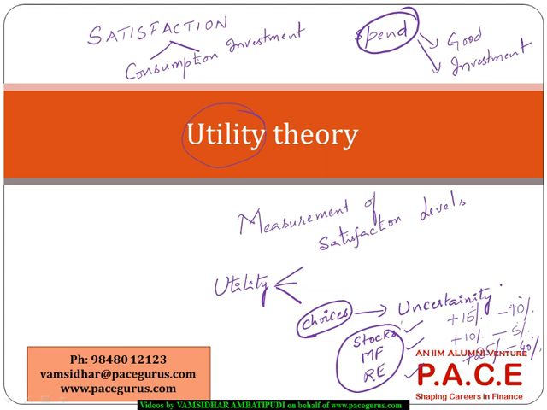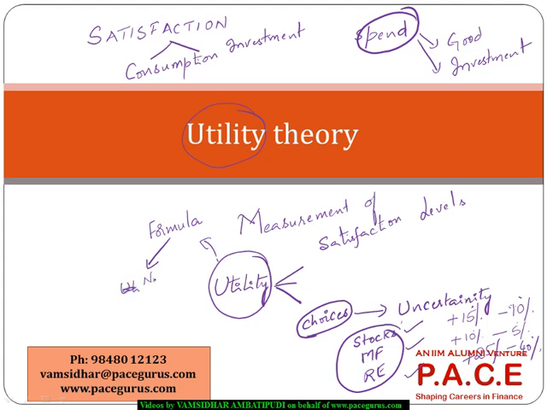Now, what we are saying is, from any investor's perspective, I'll try to compute the utility function. The utility function is some kind of a formula which will compute the utility as a numerical value.